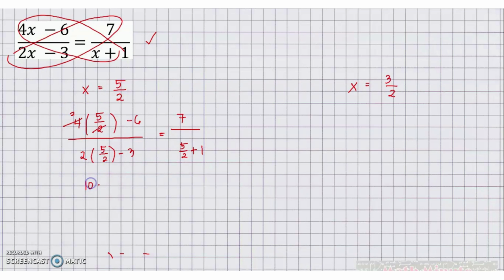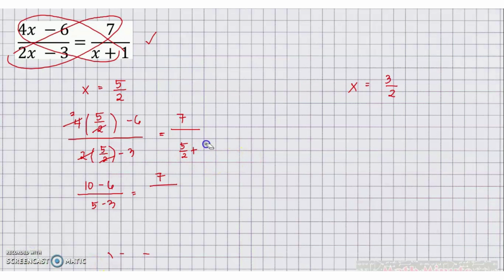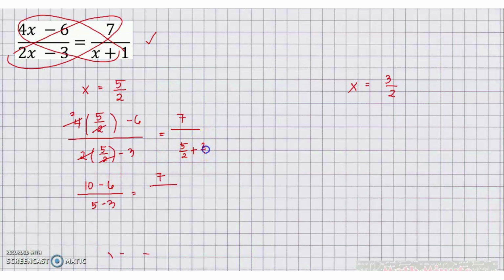That will be 10 minus 6 over 5 minus 3 is equal to 7 over. So this part would be, instead of 1, we will use 2 over 2 instead, because the denominator here is 2. So plus 2 over 2, this will be 7 over 2.